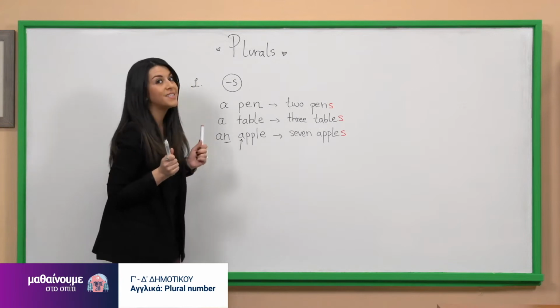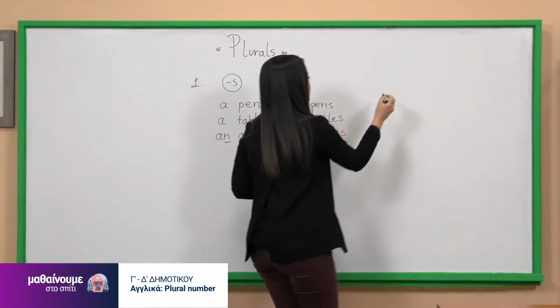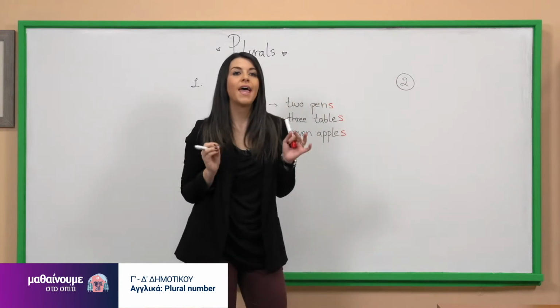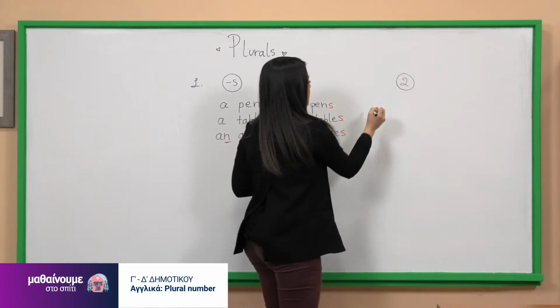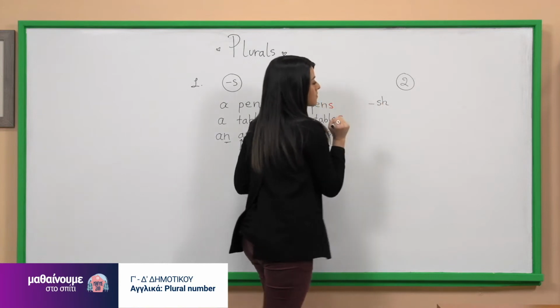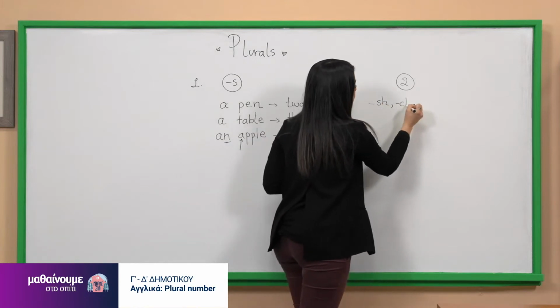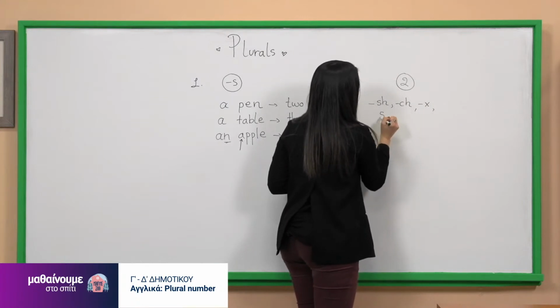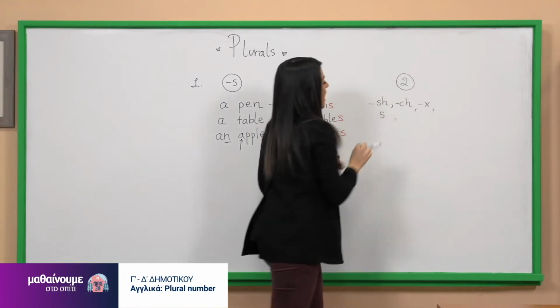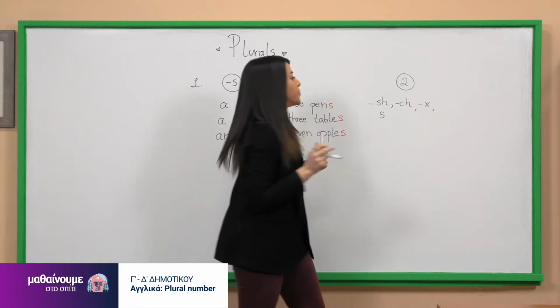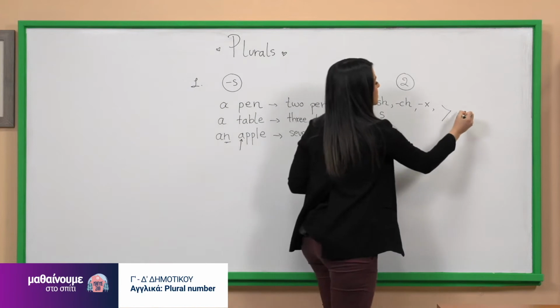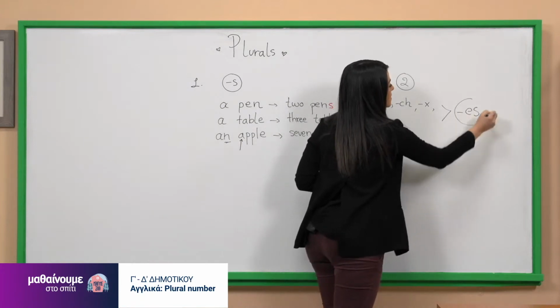Now, let's go to the second one, okay? The second rule. When the noun ends in SH, CH, X, and S, okay, I will add the other one later, we put in the end not only S, but ES.